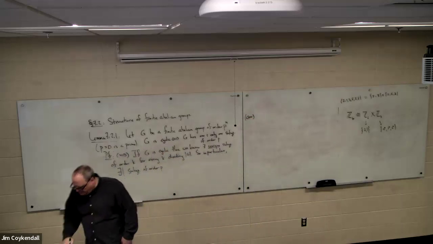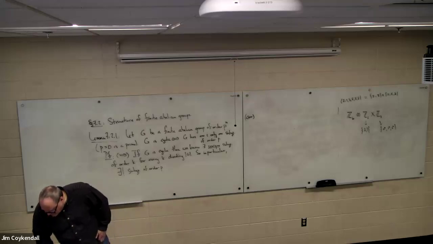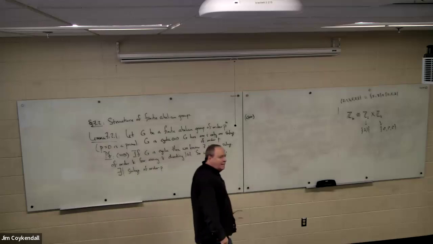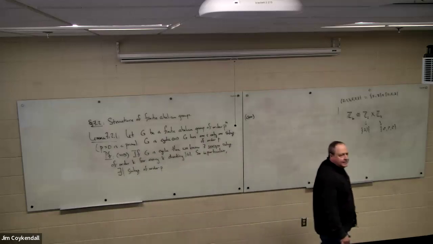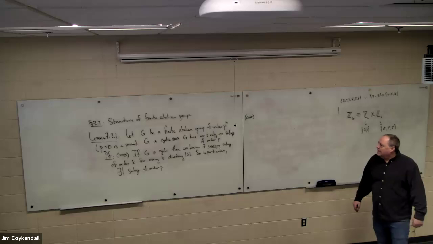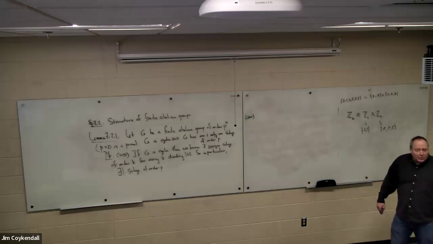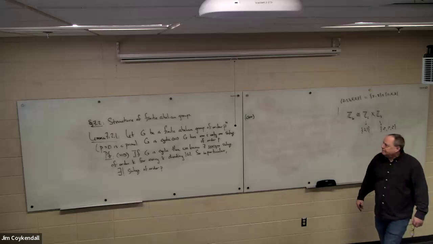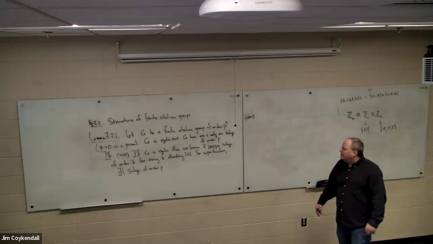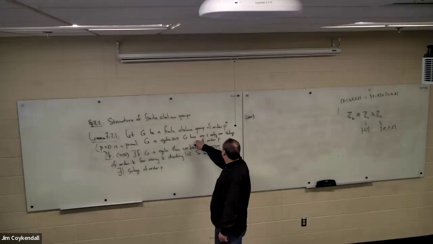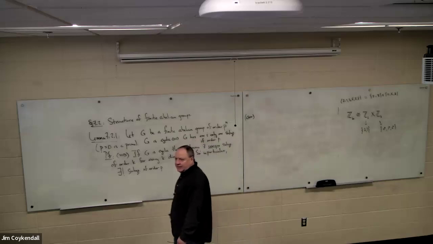How about the other direction? That's the intriguing one. How about strategy? What we're trying to do is, if G is a finite abelian group of order P to the n, we're trying to show that if G has one and only one subgroup of order P, then G is cyclic.